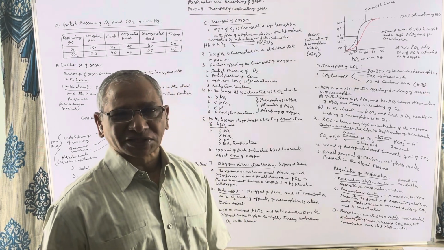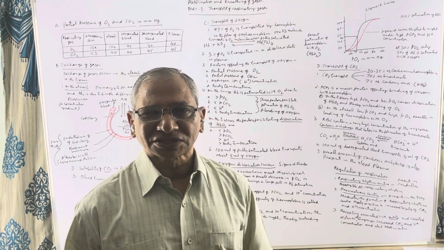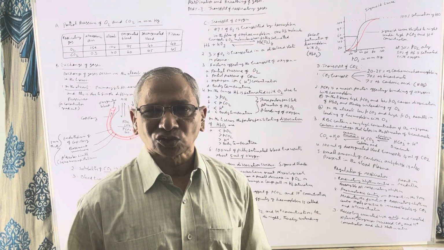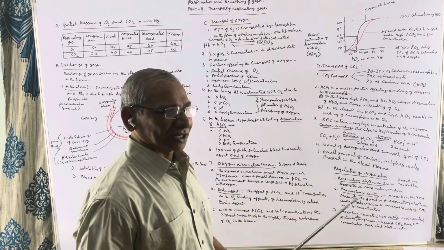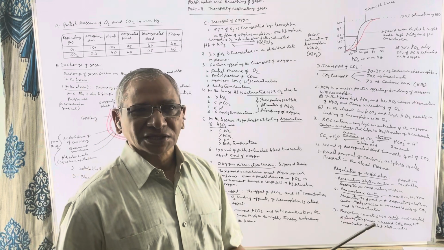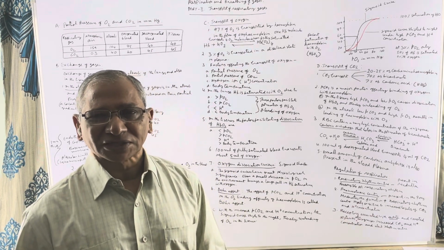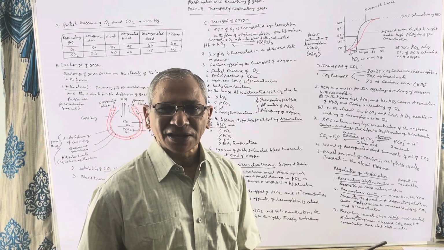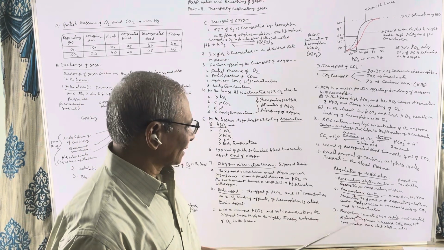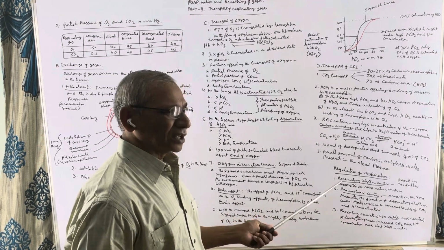They also detect increase in the partial pressure of carbon dioxide and increase in hydrogen ion concentration, and they also alert the respiratory rhythm center to increase the rate of inspiration. In this way, carbon dioxide is reduced and oxygen is increased in the blood. So in this way, there is regulation of respiration in our bodies.